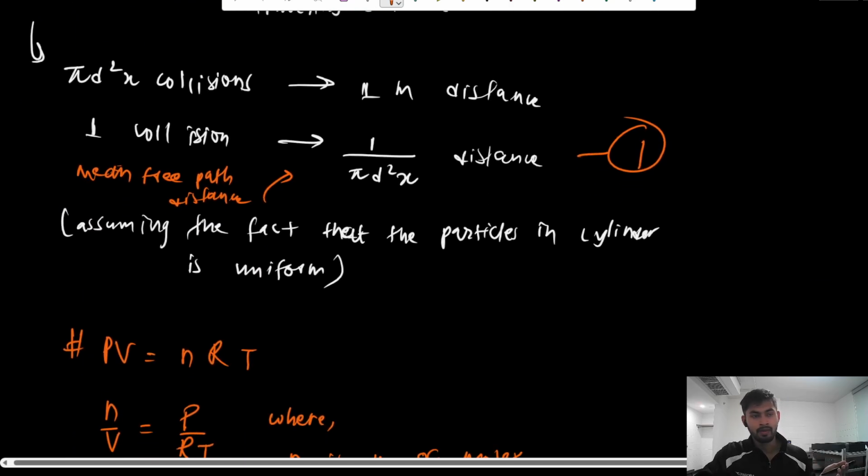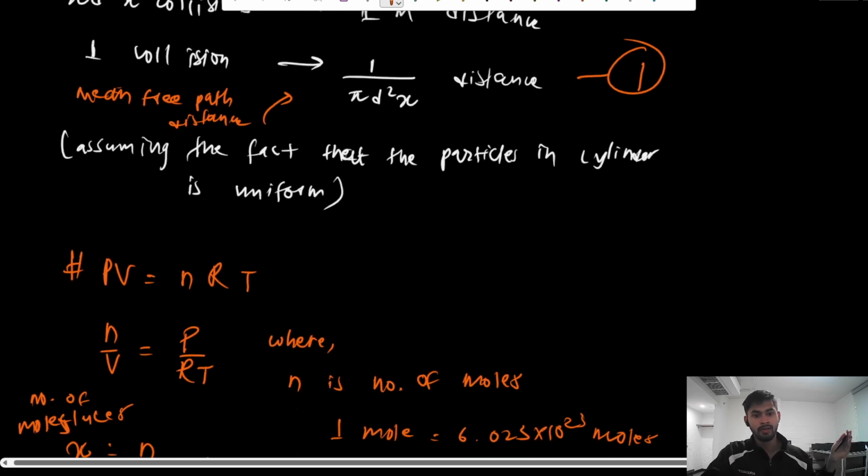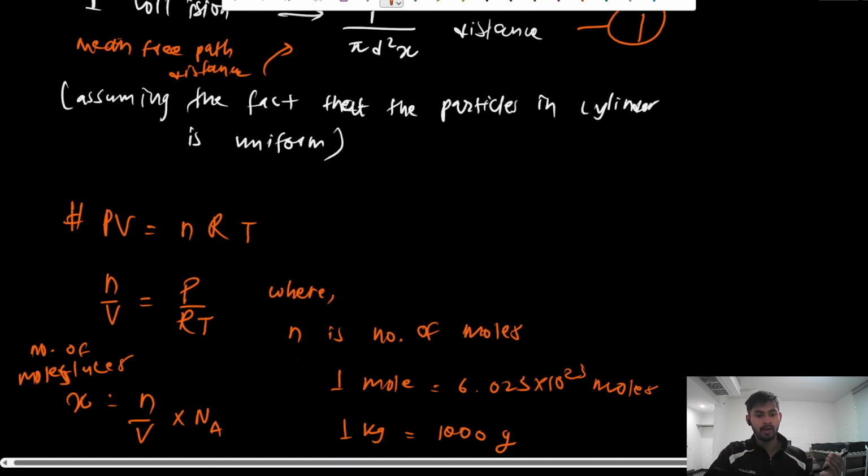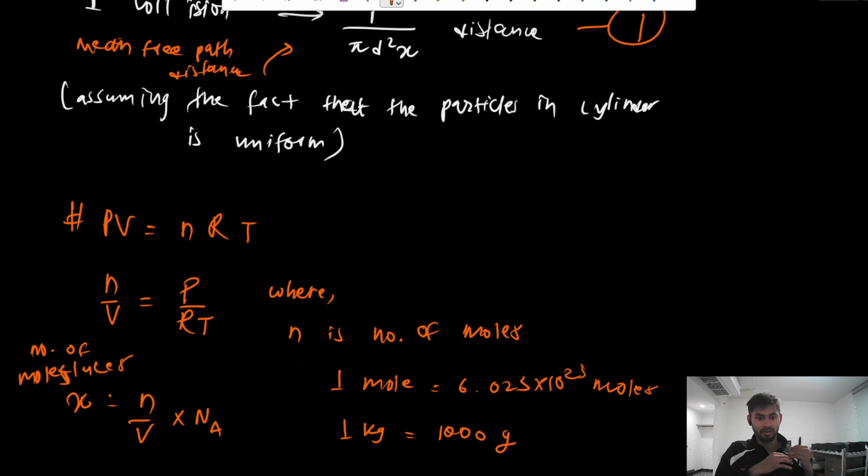And from the ideal gas law equation, we know that there are n moles of molecules, which is basically, if it is 1 mole, then it's 6 times 10 to the power 23 molecules, and if it is 0.5, then the number would be half, in a given volume, which is P by RT.